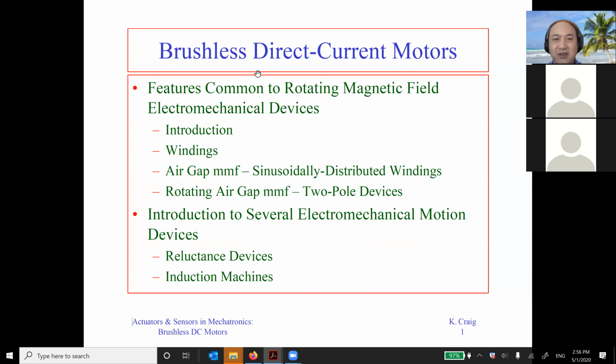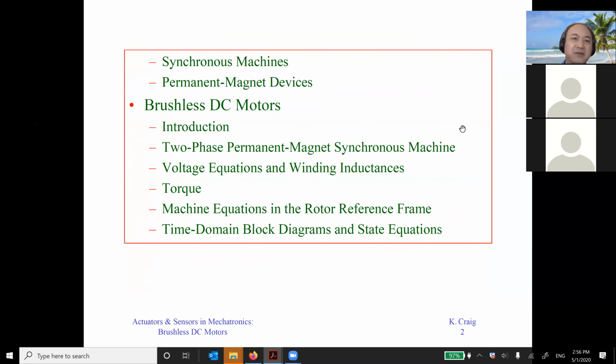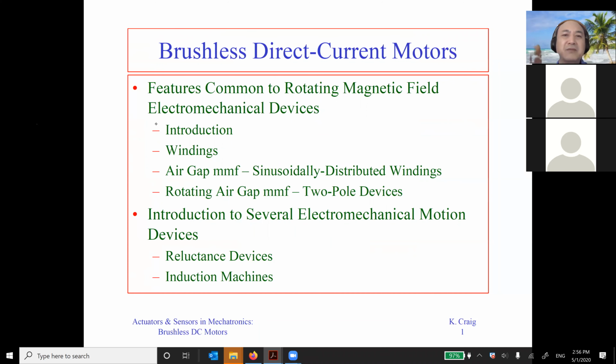To understand brushless DC motors, you had better understand some common knowledge regarding what they call rotating magnetic field electromechanical system devices. This is mainly linked to the air gap. It's called magnetic motive force, MMF. Those magnetic fields are rotating in the air gap.